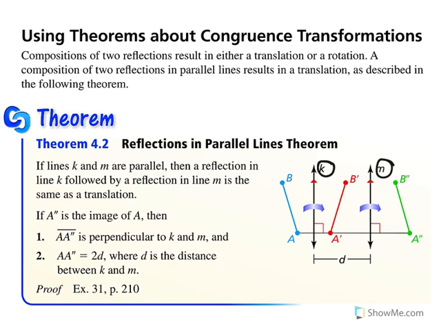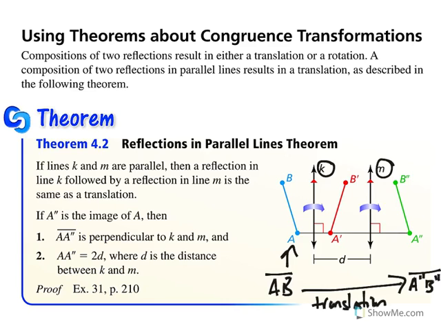If I look just at this line segment AB going all the way to A double prime, B double prime, then this would result in a translation. If I take out the middleman and just skip from this first AB to A double prime, B double prime, it is a translation. And if we make those direct reflections across the parallel lines, then the line that goes through the same point across them is perpendicular to our parallel lines.